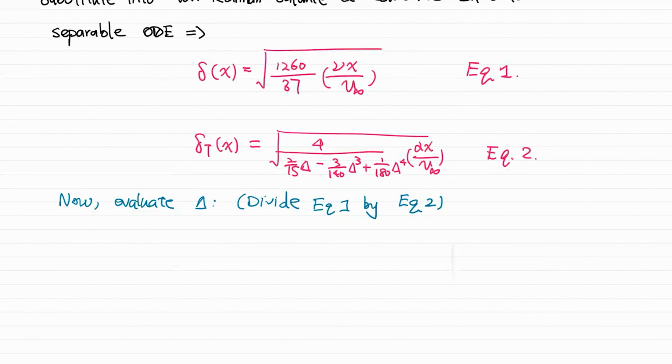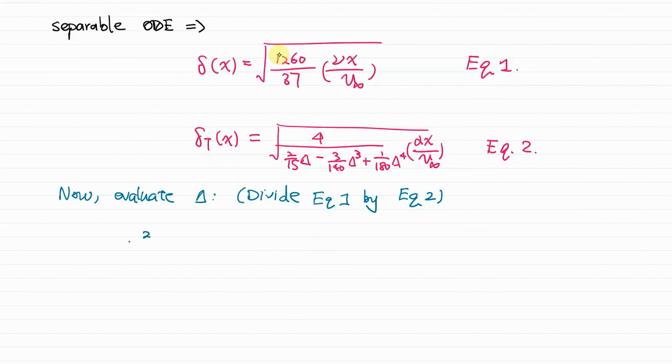So we have the following relation: 2 over 15 times capital Delta minus 3 over 140 capital Delta cubed plus capital Delta to the 4th power over 180 equals 37 over 315 times the inverse of the Prandtl number. Here, the capital Delta is equal to or smaller than 1.